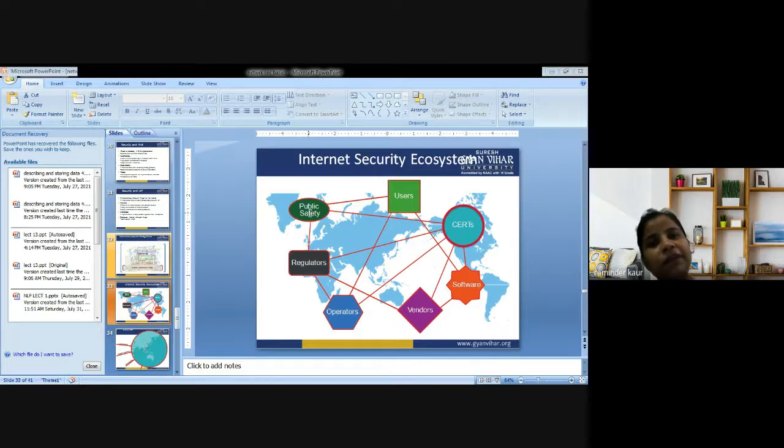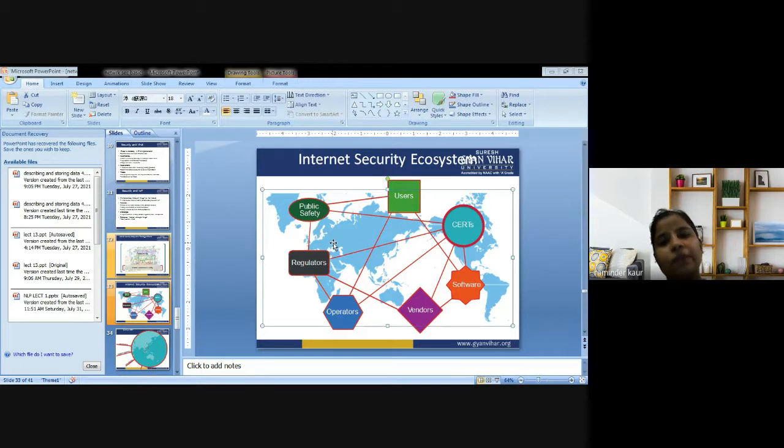Public safety has links with search, users, and regulators. Regulators have links with public safety, search, vendors, and operators. Operators are concerned with regulators, users, and search. Vendors are concerned with software, search, and regulators. So this is the internet security ecosystem. Have a look at the same.